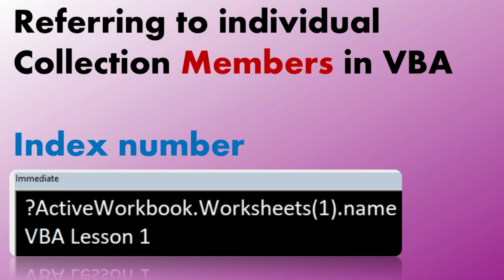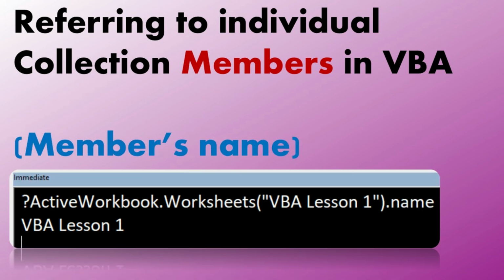Another way to refer to an individual collection item is to refer to its name in quotes within a set of parentheses immediately after the collection object which holds it. Using this method, it doesn't matter what the object's index number is, no matter where it is in the collection. As long as you use the correct name, that particular object is returned.